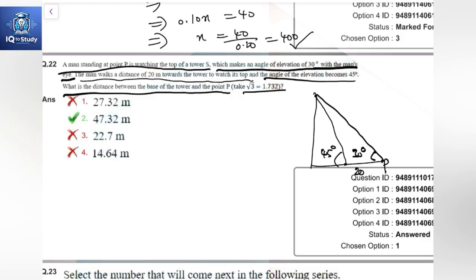So we have to find the distance between the base of the tower and the point P.